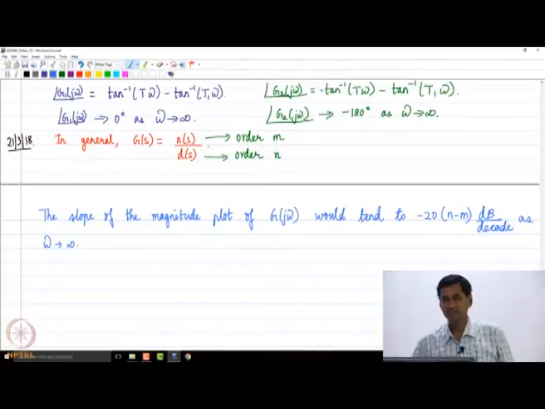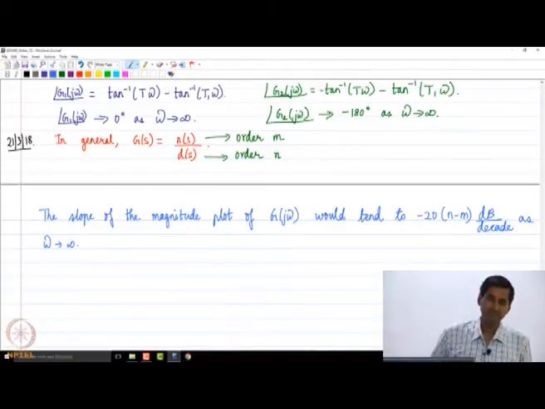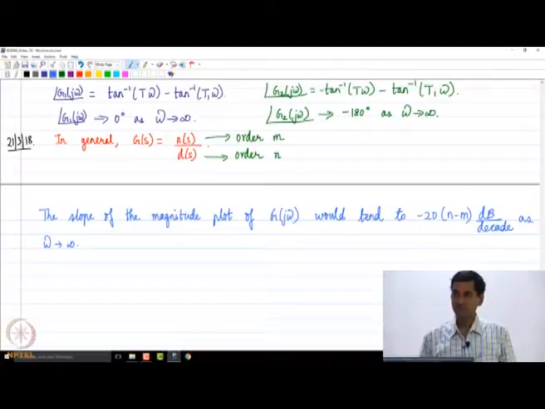This is going to be true for both minimum phase and non-minimum phase systems. Essentially n minus m is the relative degree of the transfer function, right.